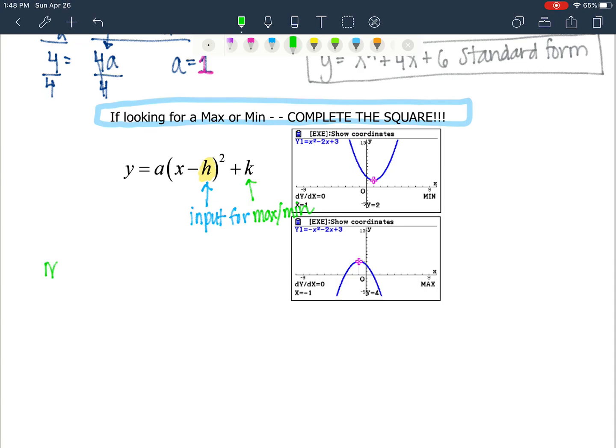So our max slash min equals our k value, and our input to get the max slash min is equal to the h value. So that's going to be very, very helpful when we are solving word problems.